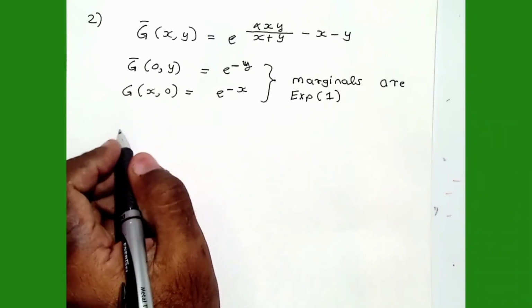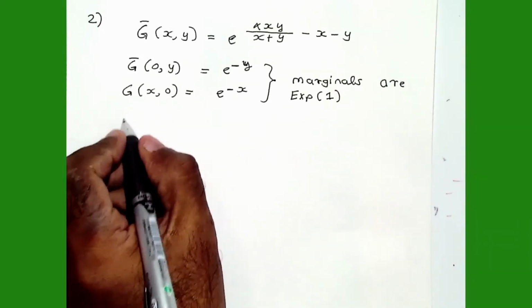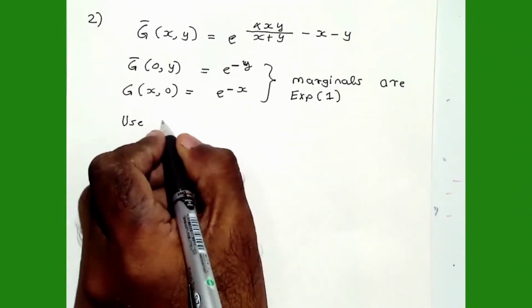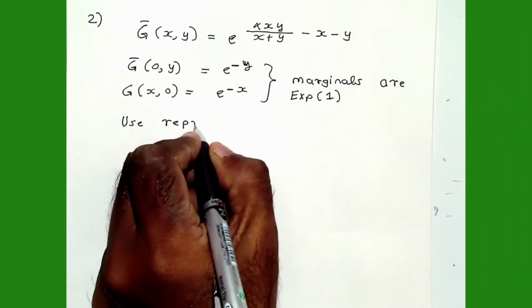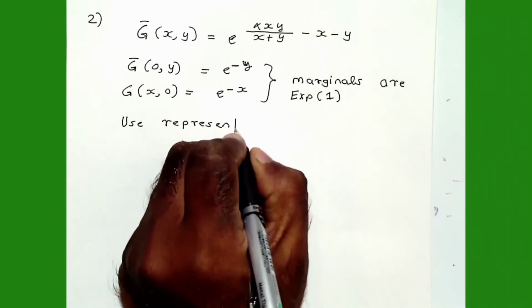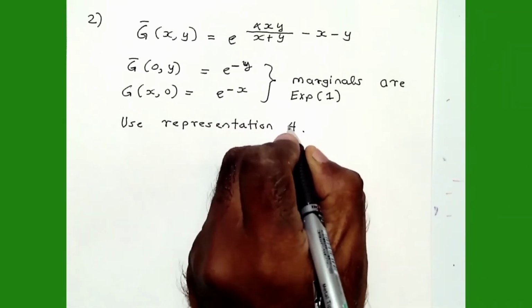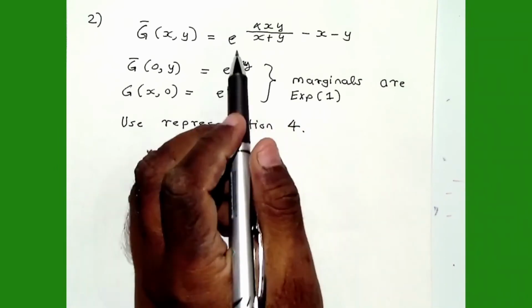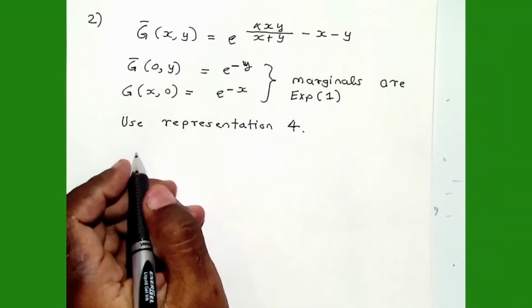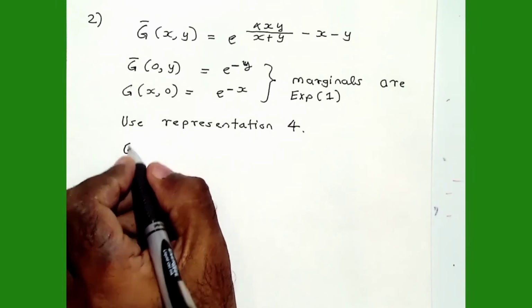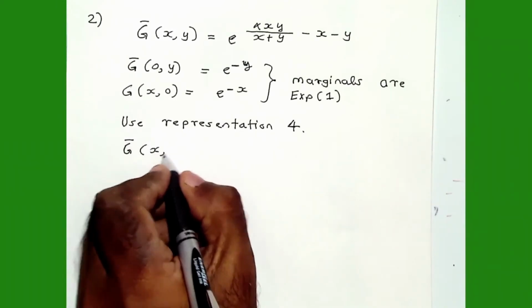So the first thing to do is to write G bar, right, in the form of representation 4, right? So that's what I'm going to do now.